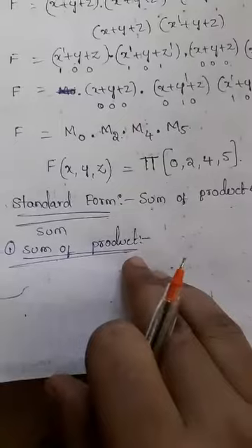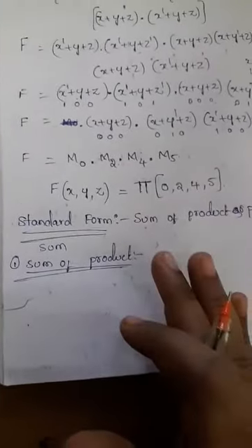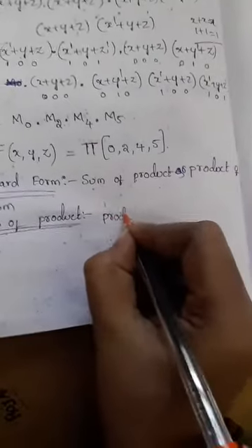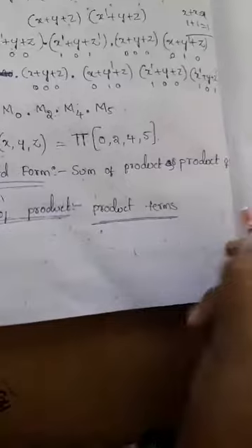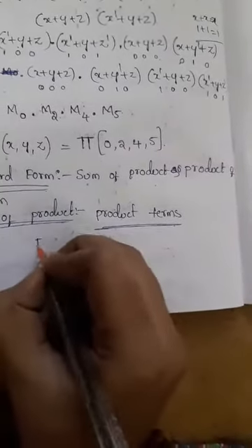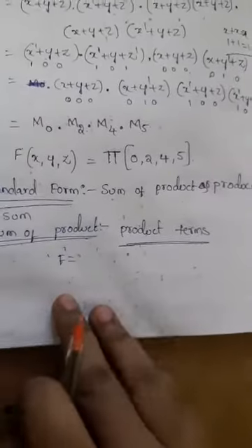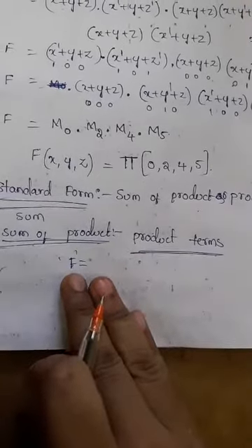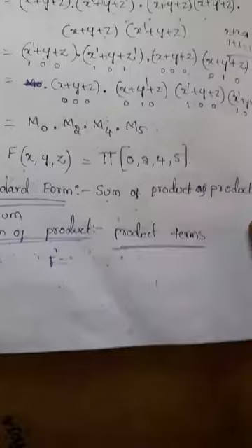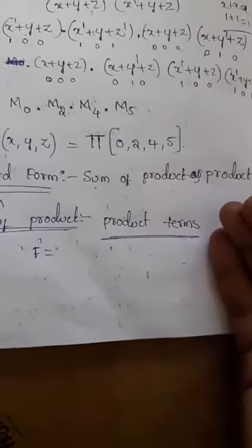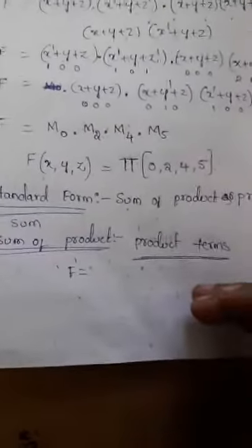Whatever Boolean expression is expressed in product terms, any Boolean function f, expressed in the form of product terms of one or more variables, is called the sum of product.